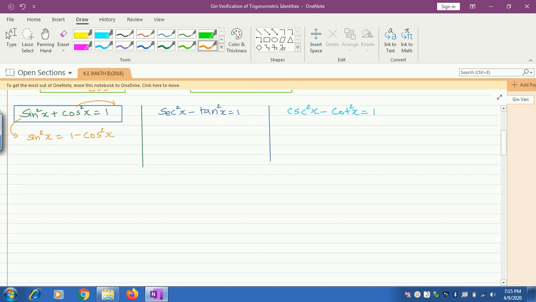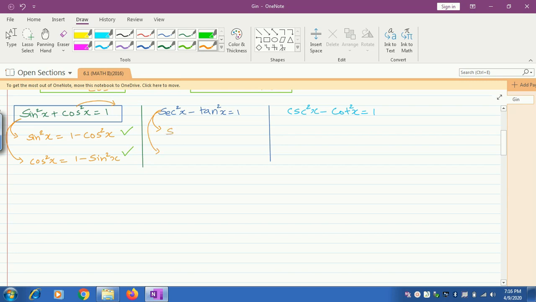Similarly, I can prove the next one by fixing cosine square x. You will get 1 minus sine square. So using one identity, I can use two identities: sine square is equal to 1 minus cosine square, and cosine square is equal to 1 minus sine square.